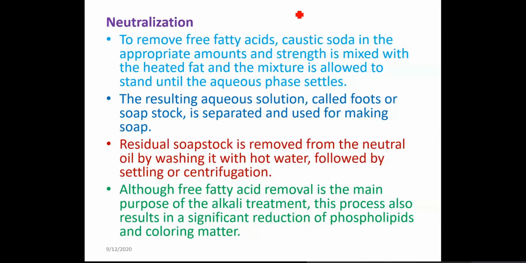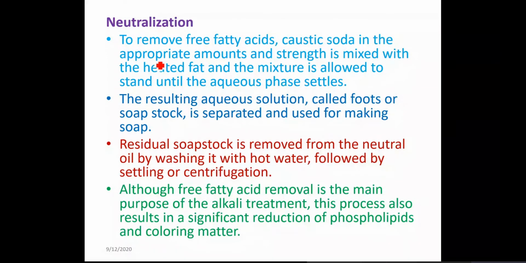Either that could be the reason, or the natural enzyme, maybe enzymatic rancidity. The enzyme lipase acts on the triacylglycerol, converting tri into di, di into mono, and mono into free fatty acid. So to remove this naturally formed free fatty acid, caustic soda is used in an appropriate amount.